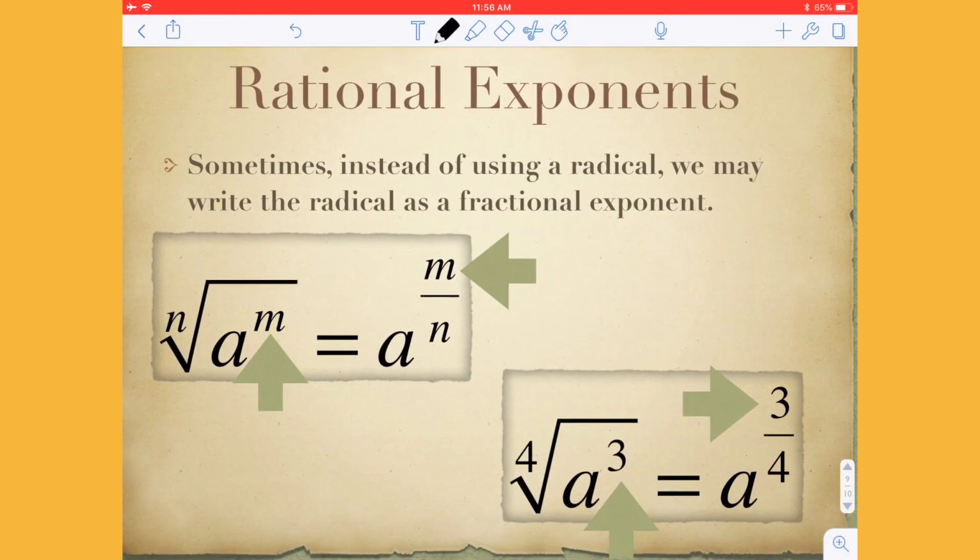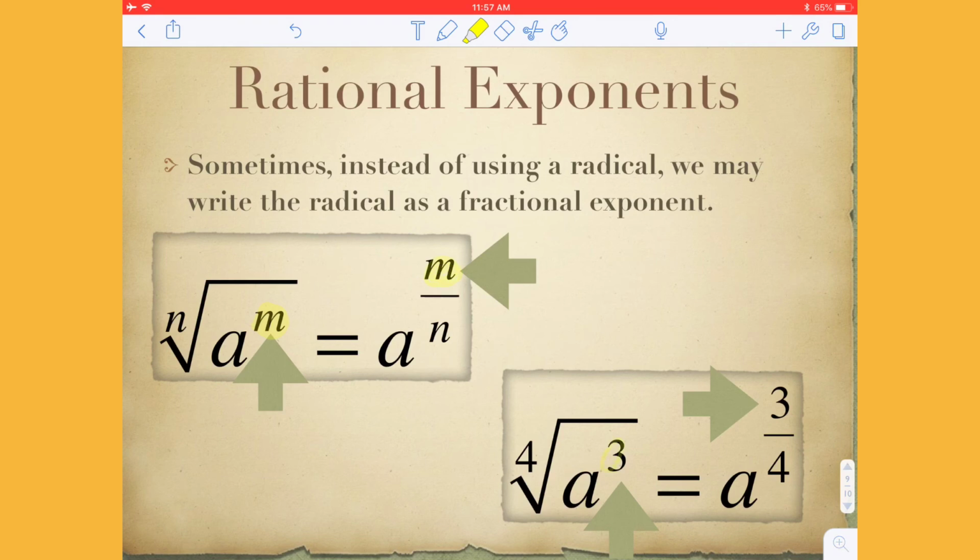One last thing I want to talk about is the relationship between rational exponents and radicals. So sometimes instead of writing things in a radical form, I may want to write them in their fractional form. So I want you to notice that the exponent underneath the radical that is inside will always represent your numerator in exponent form.